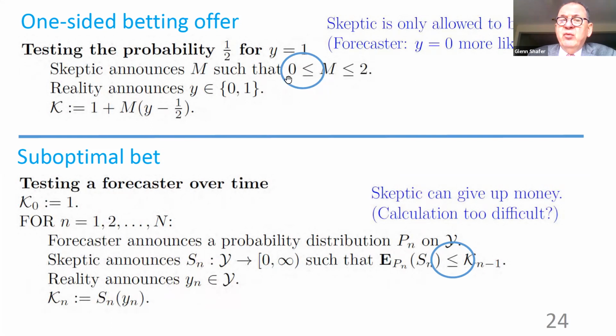Instead of letting M be between -2 and 2, which we did before, let's say M can only be positive, which means we only allow skeptic to bet on heads. So we're setting 50-50 odds, but it's one-sided. In some sense, we're saying the probability for heads is at least 1/2. You can take my 50-50 odds, provided you bet on heads.